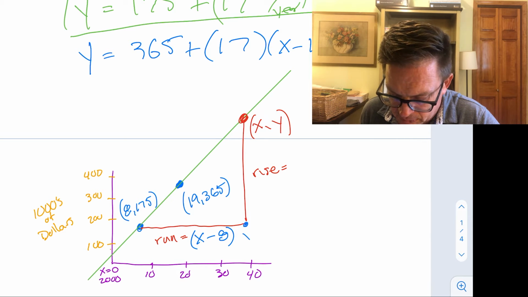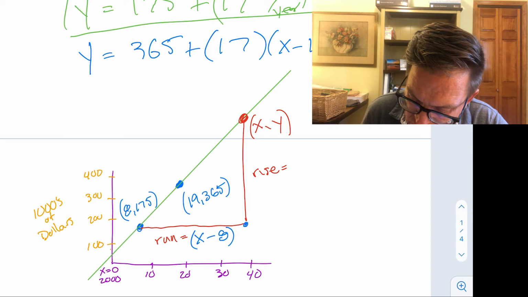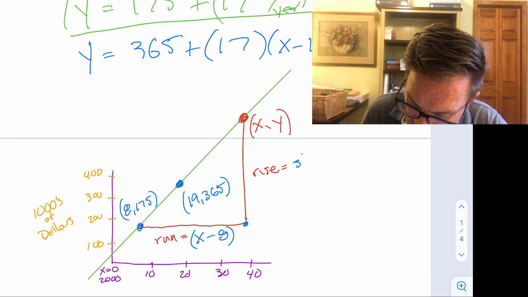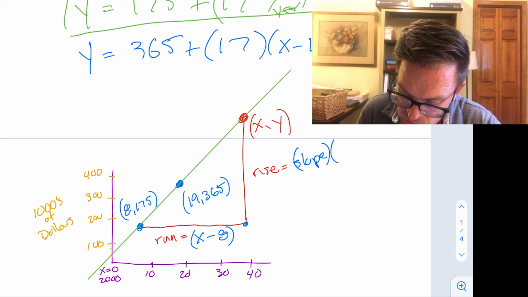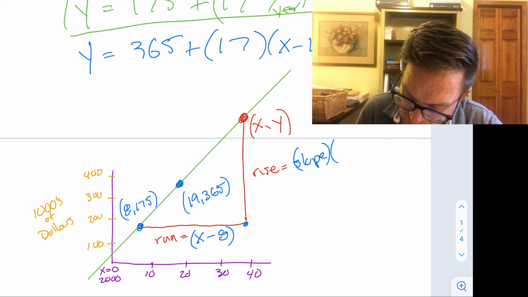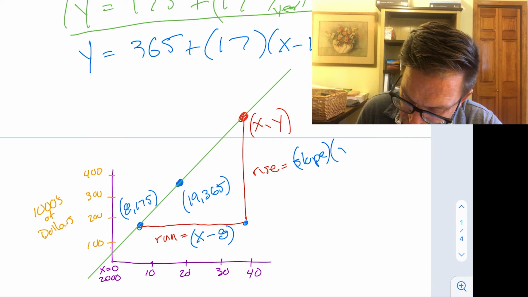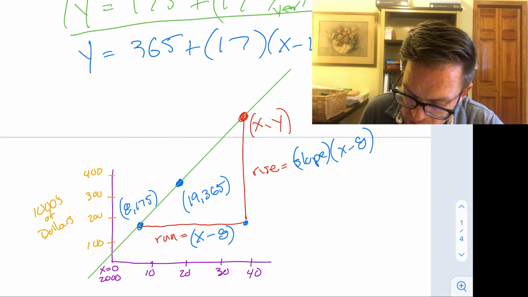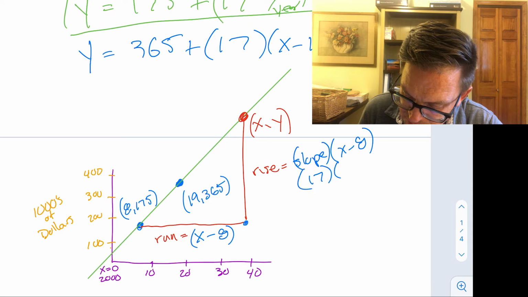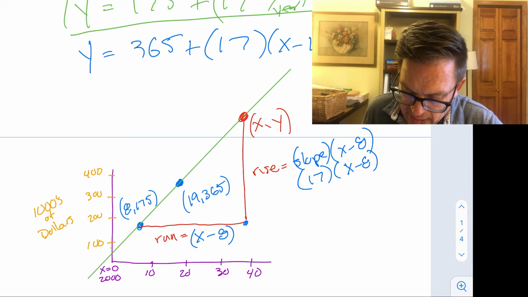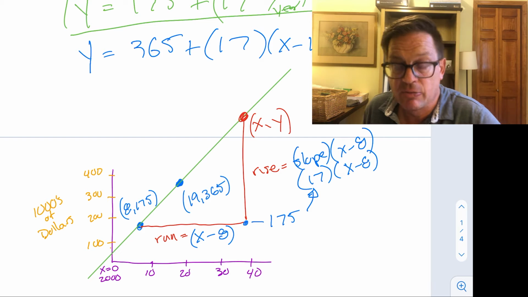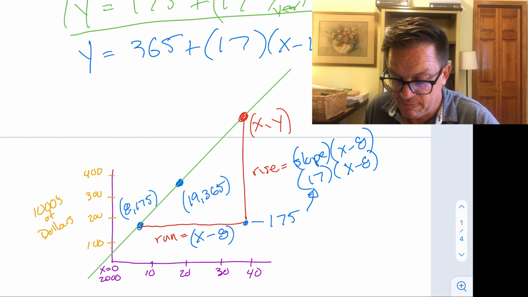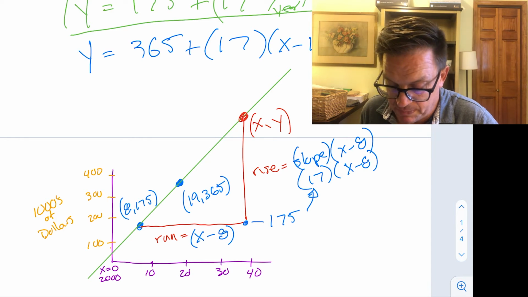And my rise is going to be the slope times how many years it went. So that's 17 times x minus 8. And it started at 175, and it goes up by that much. That's exactly that green equation we have up above, 175 plus 17 times x minus 8.